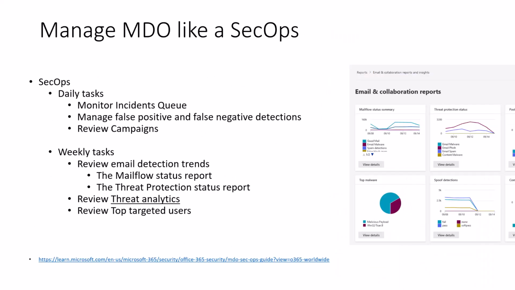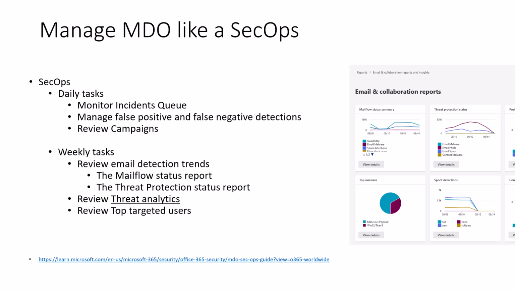So there's a lot of security here. It's not just set and forget. We have to go back to our Defender for Office and run it like a small SecOps team. Microsoft has some recommendations within the docs on how we can monitor these, both with daily tasks and weekly tasks.